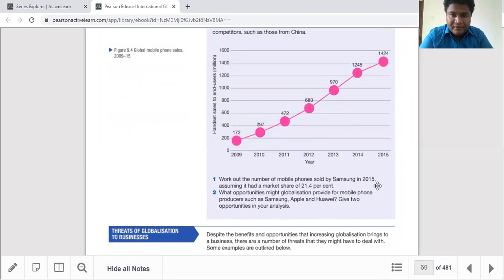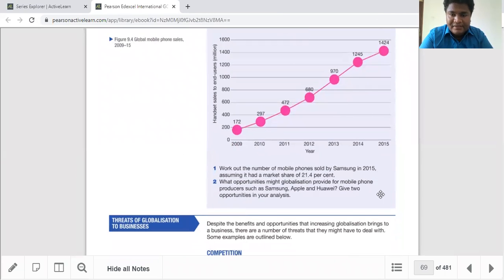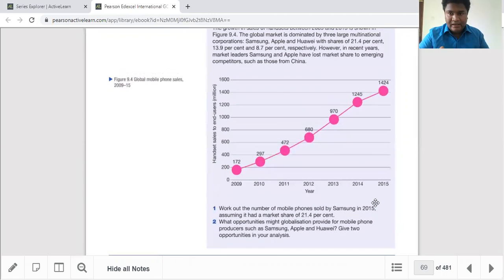They're asking, work out the number of mobile phones sold by Samsung in 2015, assuming it had a market share of 21.4%. You can see Samsung was enjoying a market share of 21.4% at that time. Then you can do a small working.